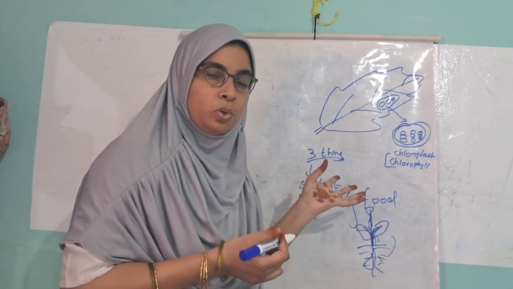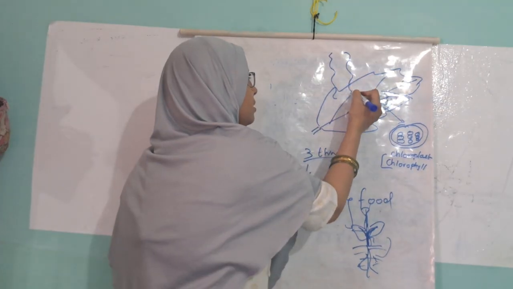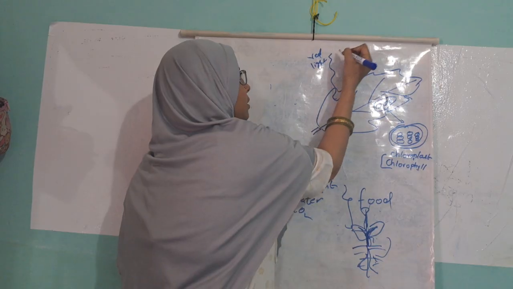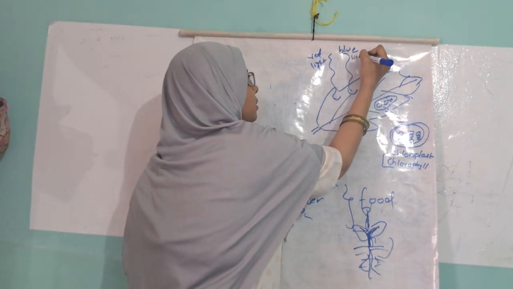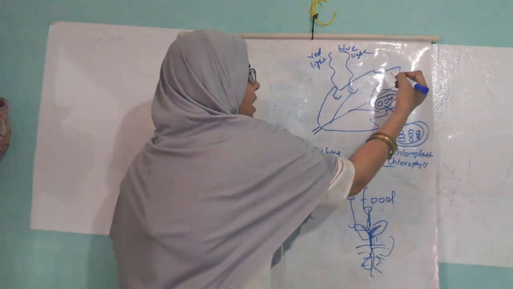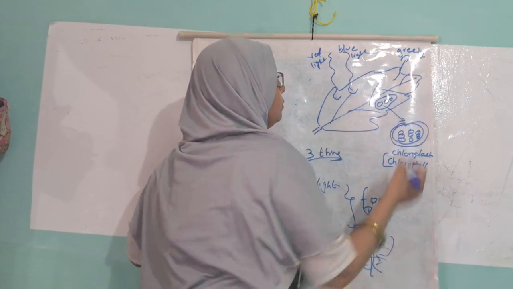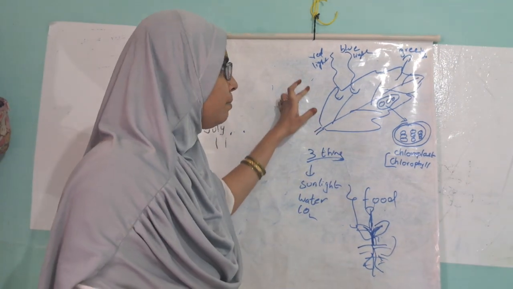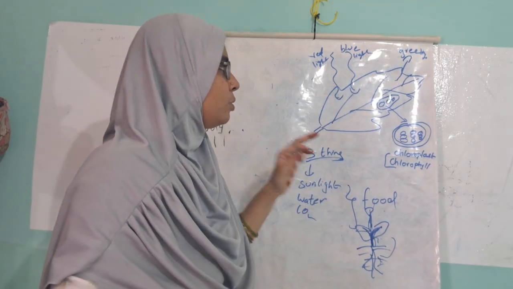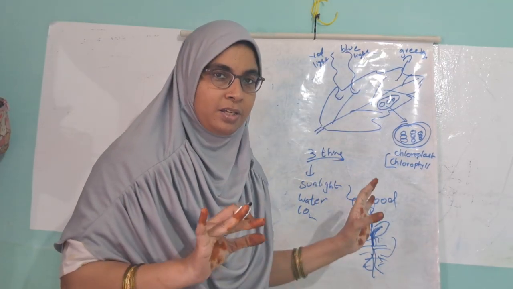A leaf absorbs red light and blue light and it reflects green light. So a leaf looks green in color. Okay, this is clear now.